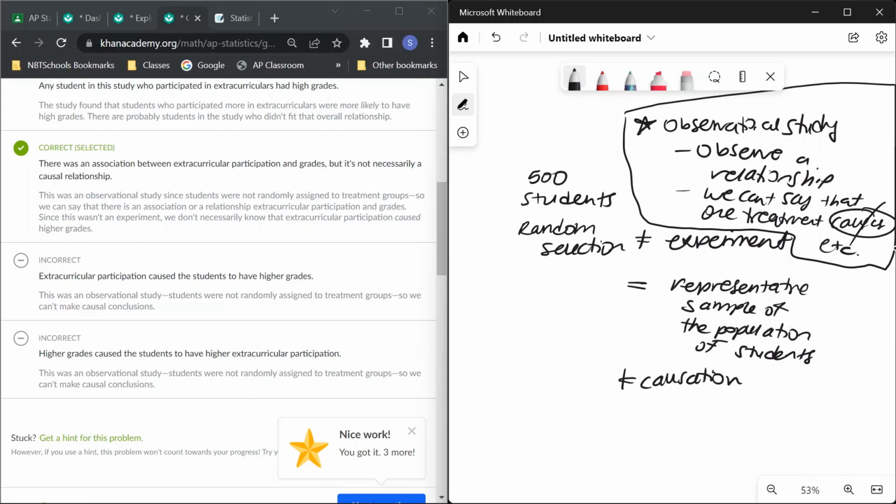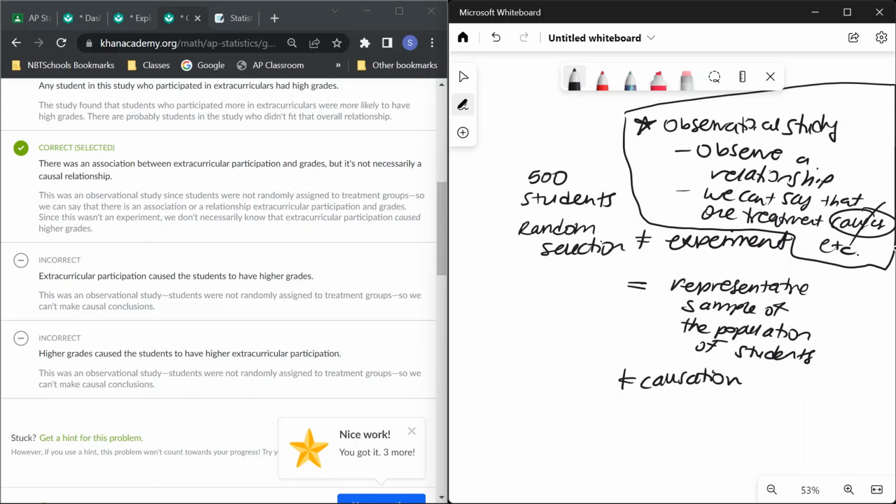So I'm thinking, why am I thinking of linear regression? Side note, you can ignore me. If you have two variables and it's an observational study, you find the LSRL, the linear least squares regression line, the line of best fit.